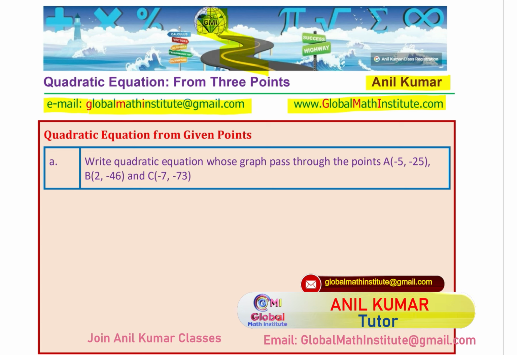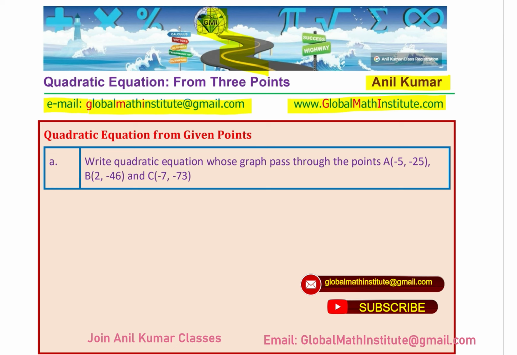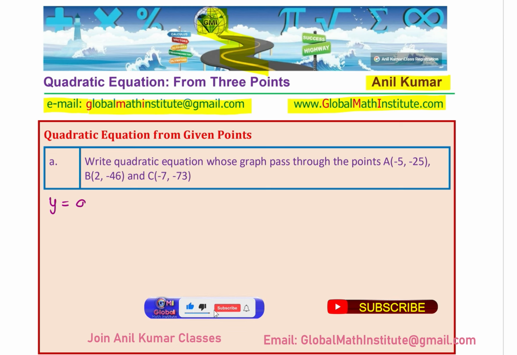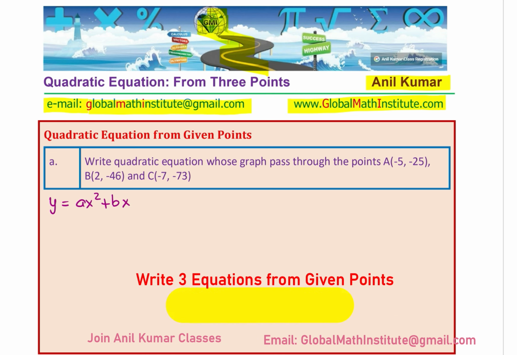Let us now see how we solve such a question. In general, a quadratic equation is y equals ax square plus bx plus c, correct? Now, given these 3 points, we actually get 3 different equations.